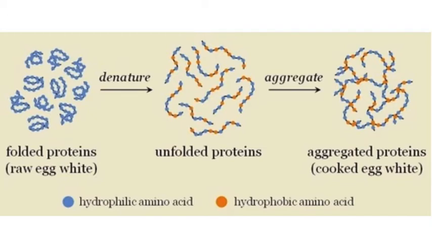While the egg is being cooked, the protein structure created by the weak bonding is lost, and the protein unfolds into chains of amino acids, shown in the middle of the diagram, exposing the previously hidden hydrophobic amino acids to the environment. More importantly, the male and female parts of the individual proteins that were interacting with each other in folded position are now free to mingle with the male and female parts of all of the other unfolded proteins.